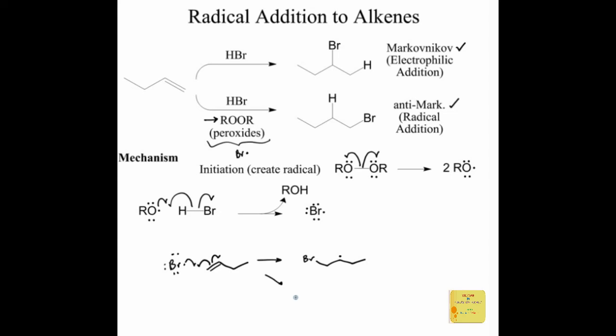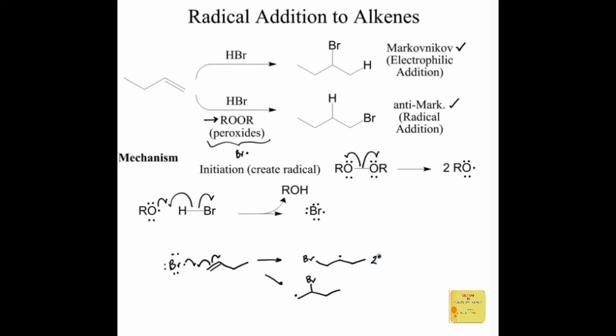So let's look at the choice that we have to make. The bromine can add to the end carbon, or the bromine can add to the middle carbon, and that would give the radical over here. So let's look at our two possible intermediates, our competing intermediates, and decide which one is better and why. Well, radical stability turns out has the same general order as carbocation stability.